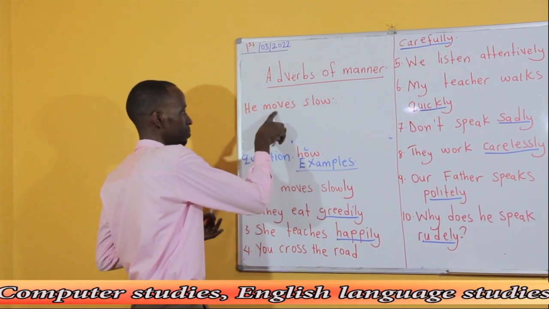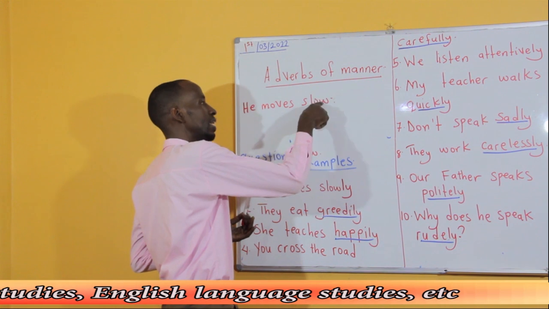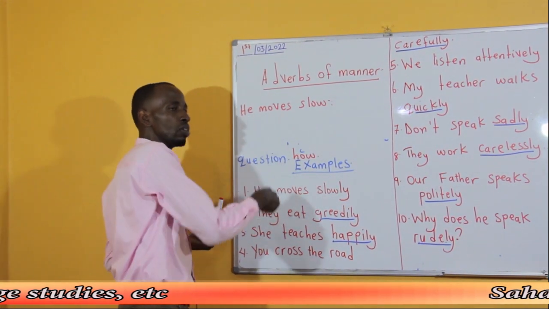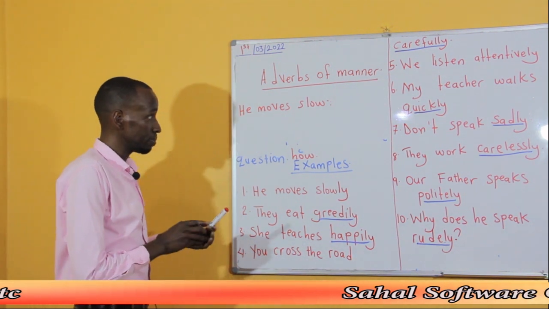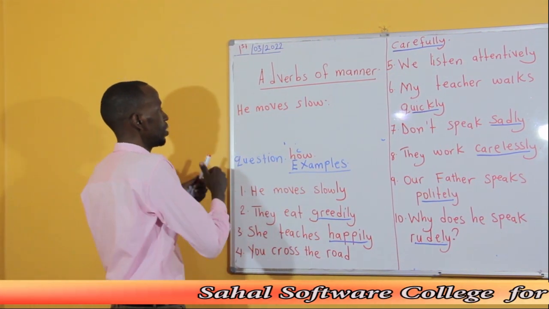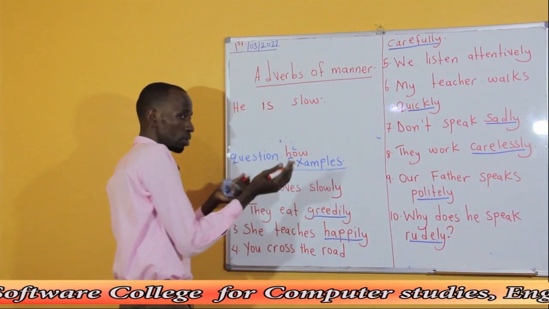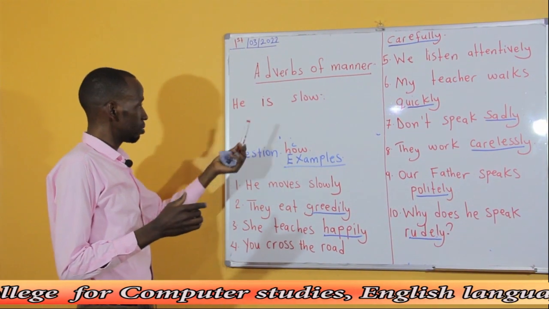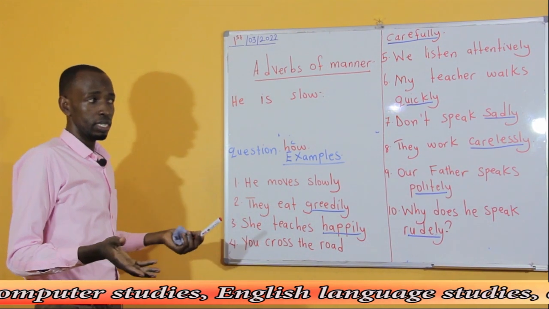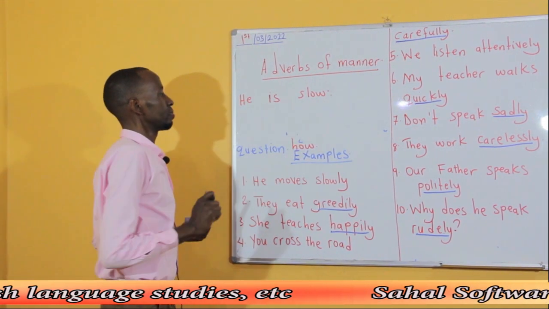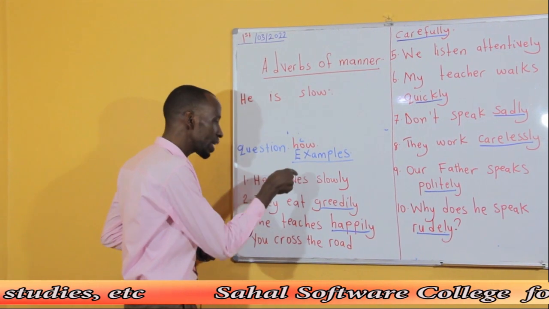Because this is the verb and this is an adjective, and adjectives describe either pronouns or nouns. When you say he is slow, it's okay. This is a good sentence. It's complete, because you are talking about this person. This person is slow. But when it comes here, you are talking about how this person moves.